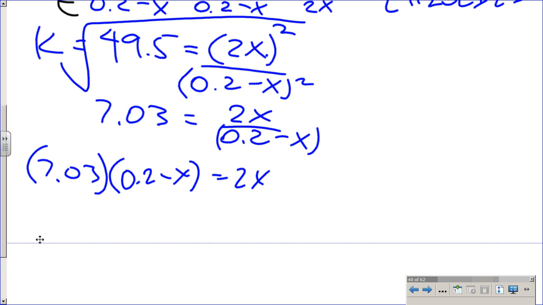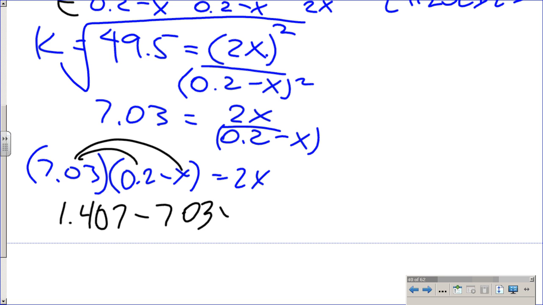Okay, now what's next? Okay, so that and that, so I believe that was 1.408, 07. That times that minus 7.03x equals 2x. And then keep going on the other side.